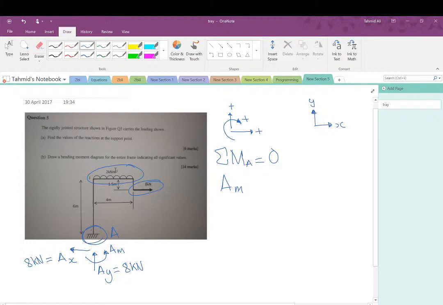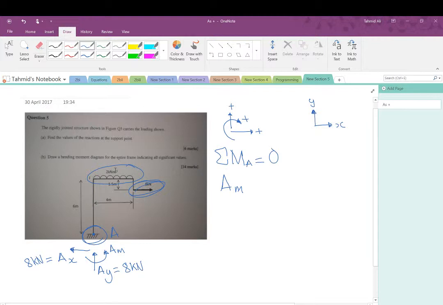But if you were to put your hand where the fixed joint is and see where the uniform load is taking you, if you imagine that A was a pin and then you used that uniform load, it will make it go clockwise. And similarly, the point load, the 8 kilonewtons, would also be making it go clockwise, if you assume that A is a pin and then apply that load.